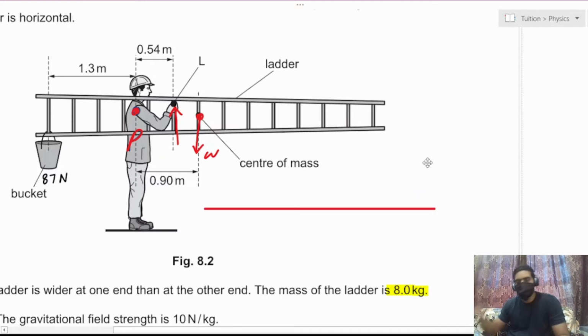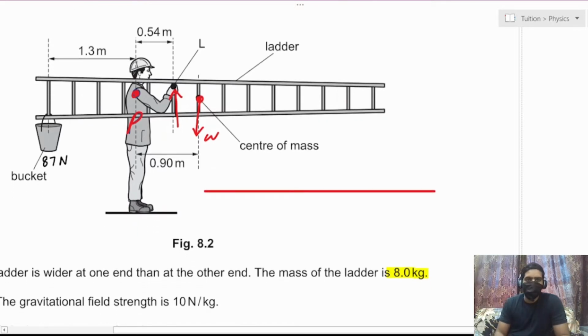So this is your meter rule, right? So you have your meter rule here, and the point P is the pivot. The shoulder of the person is serving as a pivot. You can call this one pivot. Just draw this for reference so you know that this point is a pivot. On the left side we have a force which is exerted downward like this, and the amount of that force is 87 Newton.